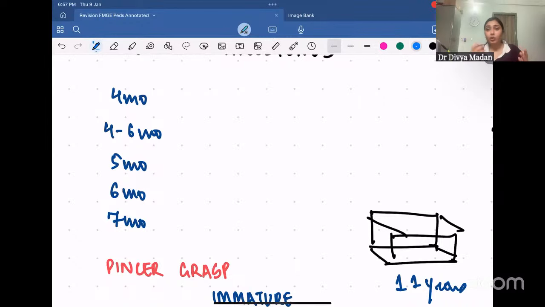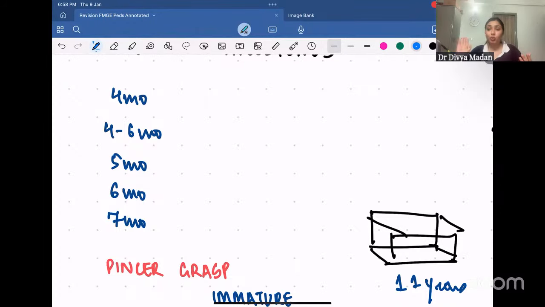And to attain new milestones, primitive reflexes must be lost. Similarly, when you're getting into a new relationship, you have to forget your ex, right? So all the primitive reflexes must be lost to attain new milestones. This palmar reflex is lost so that the baby can voluntarily grasp things. Before that, it is a reflex that is not in the control of the baby.